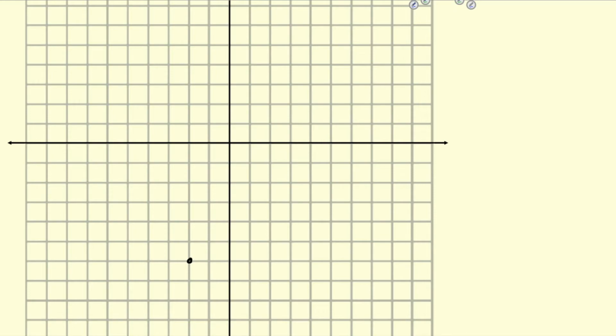So here's our -2, -6. And here's our 2, 6. That's a 180-degree rotation here. And again, if you think about these rays drawn out, you can see how this would be linear, creating this 180-degree rotation.